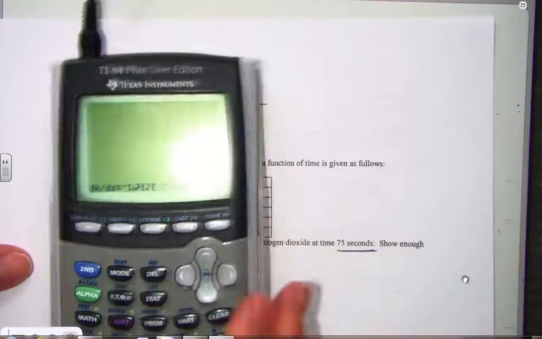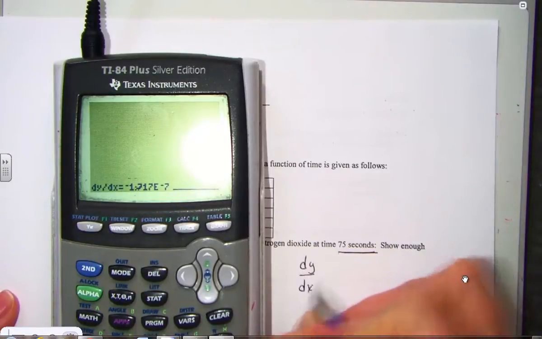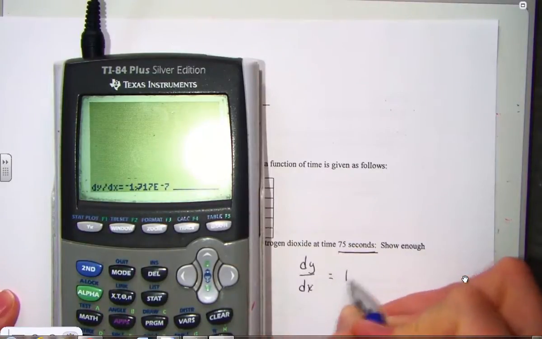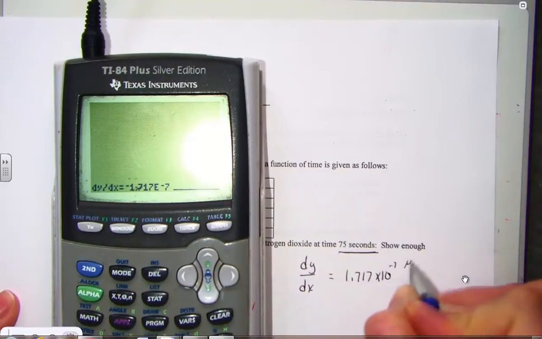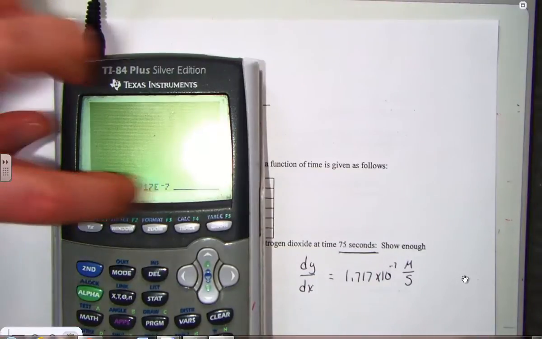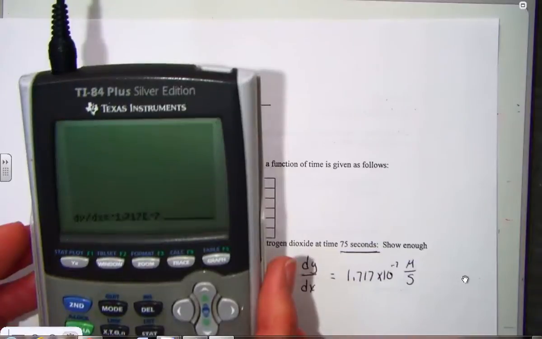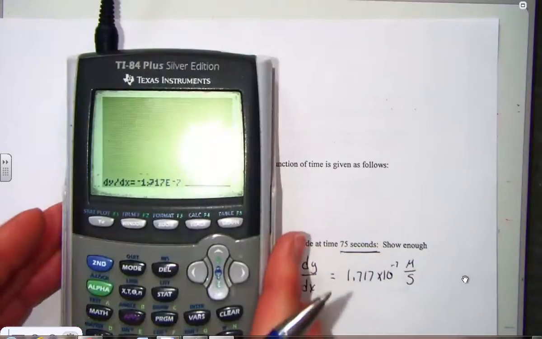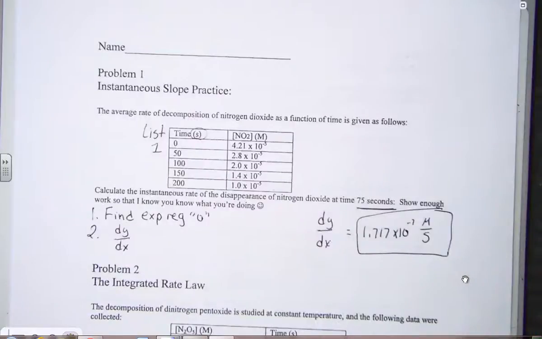Notice that it comes up negative, but we ignore that. dy over dx, 1.717 times 10 to the negative 7th molarity per second. Maybe a little dot there, 1.717 E negative 7. And we found an instantaneous rate and the unit molarity per second.